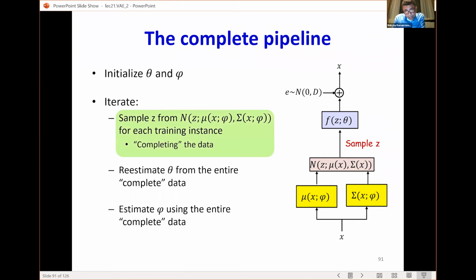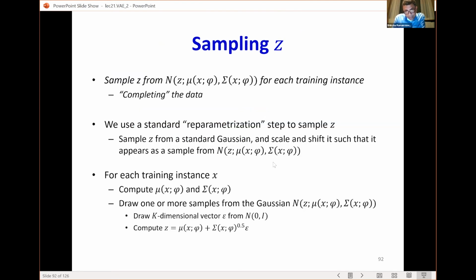It's very straightforward. So let's take a look at what each of these steps is. The first step is, once I've initialized these phi's, I have a Gaussian. I want to sample a value from the Gaussian. The mean of the Gaussian is mu of x. The variance is sigma of x. So what am I going to do? Sampling from a Gaussian is done using a standard reparameterization trick.